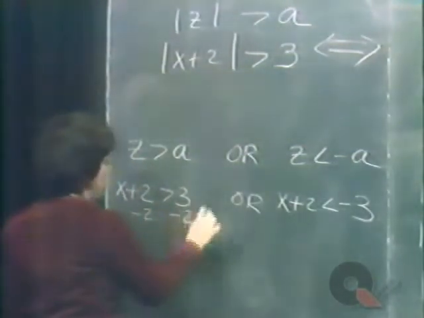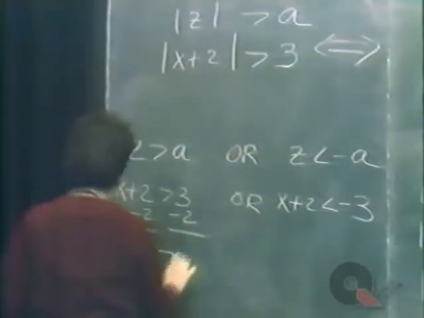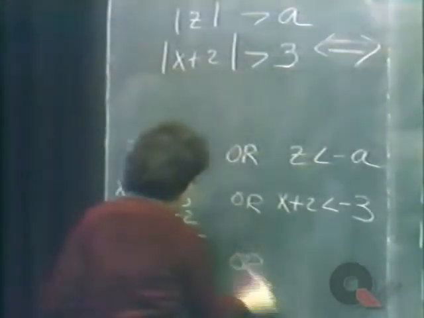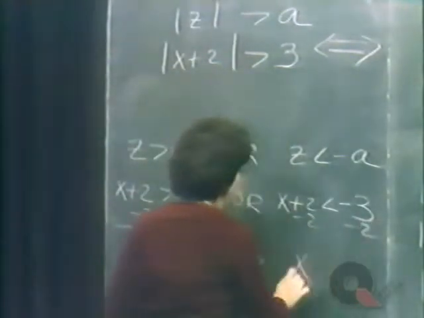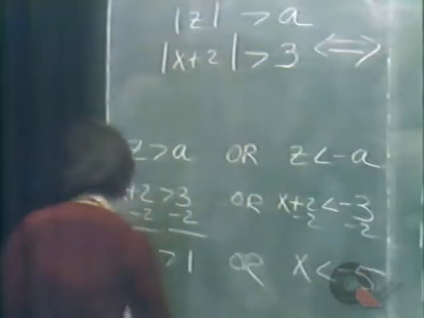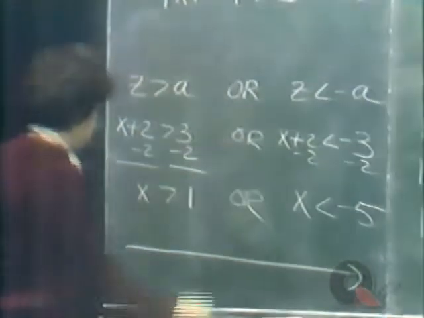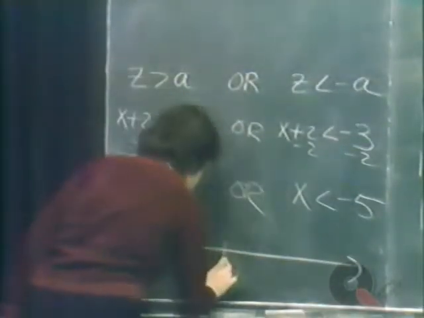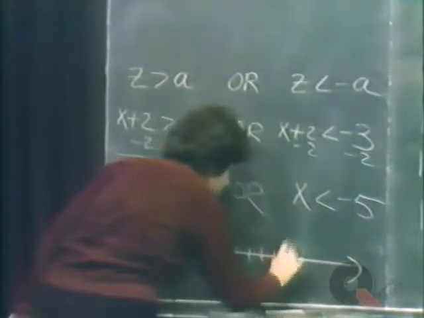Okay, we subtract 2 from both sides here, and we get x is greater than 1, or we subtract 2 from both sides here, we get x is less than minus 5. Okay, the answer, if you wanted to sketch the graph here, 0, 1, 2, 3.